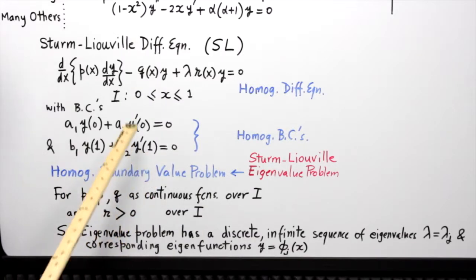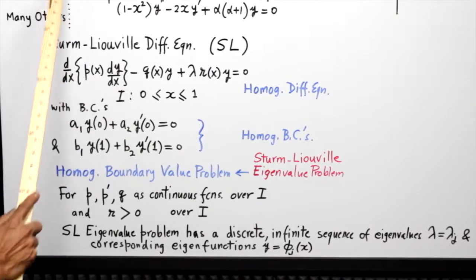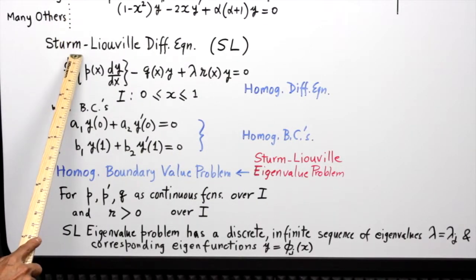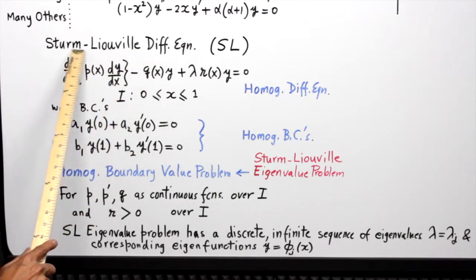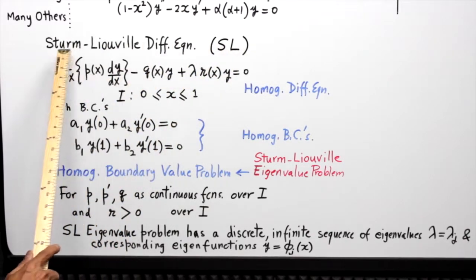Okay, moving on now. We want to note that all of these cases, and many others, are in fact special cases of a differential equation which is called the Sturm-Liouville differential equation, abbreviated here as SL later on.